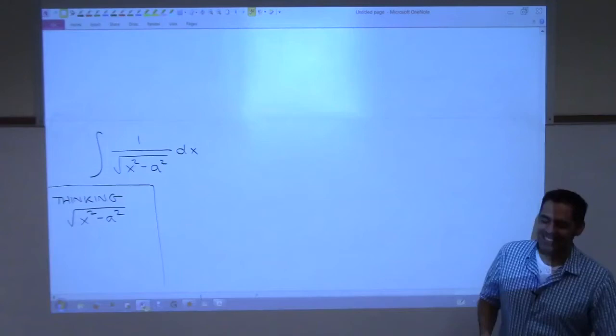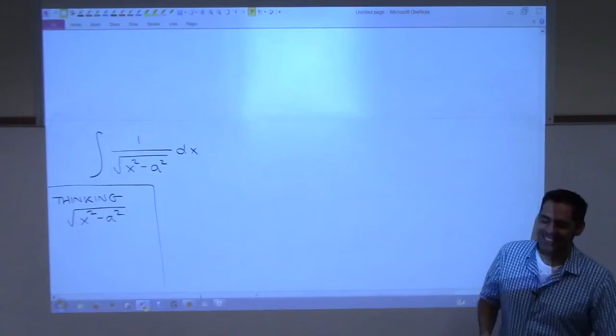So I need to know 2 things. I need to know tangent of theta, multiplied times 5, and I need to know what theta is, and I need those in terms of x. So does anyone remember from last class what I'm going to use to draw that reference triangle? The original substitution, the one that we started the whole thing off with. You're going to get rid of the 5 on the right side by dividing both sides by 5. So here comes my reference triangle.